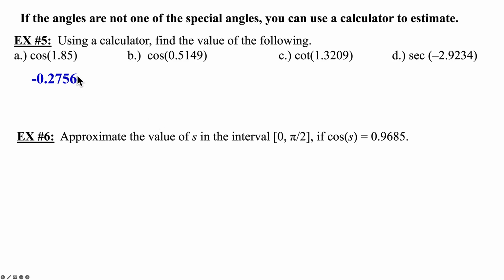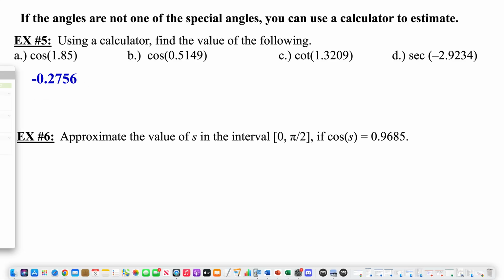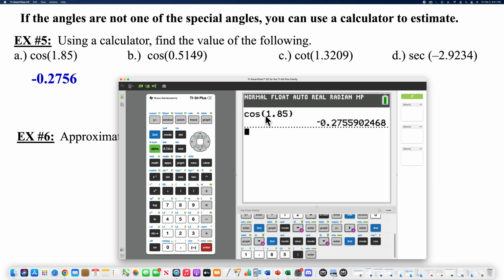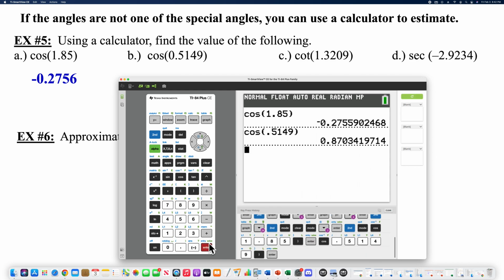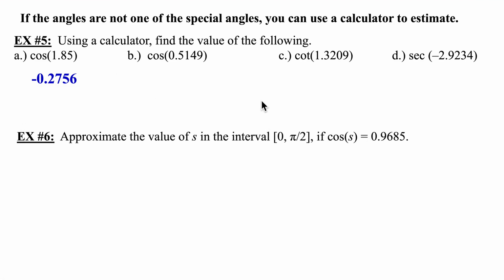Look at the 5th decimal place. Was a 9. We can round it up to a 6. All right, cosine 0.5149. 0.8703. The 4 will not round up our 3.